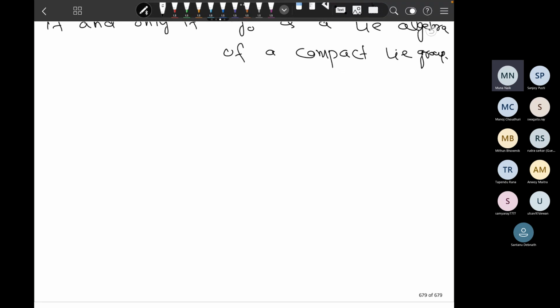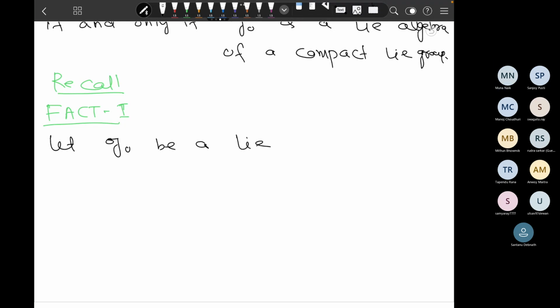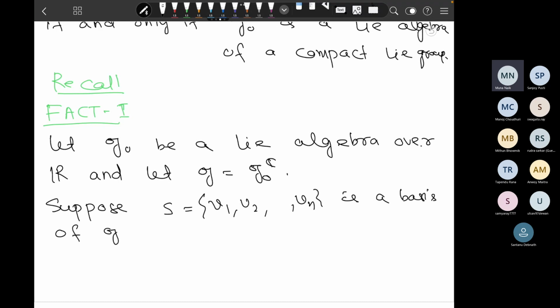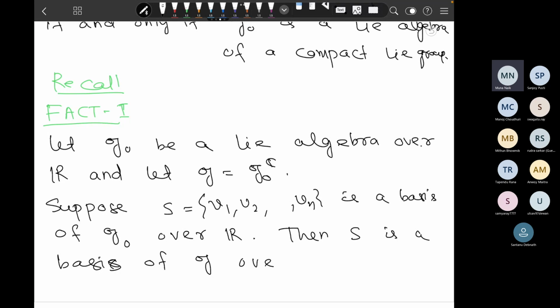So recall fact one. Let G naught be a Lie algebra over R, and let G be equal to G naught C. Suppose S is equal to V1, V2, up to Vn is a basis of G naught over R. Then it is also clear that S is a basis of G over C. We have discussed these things.